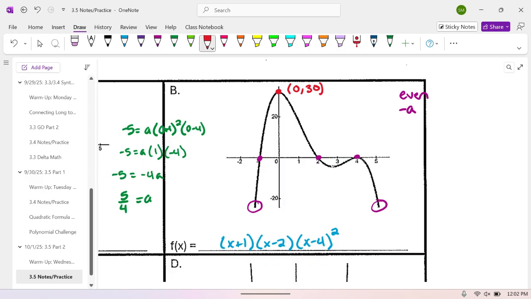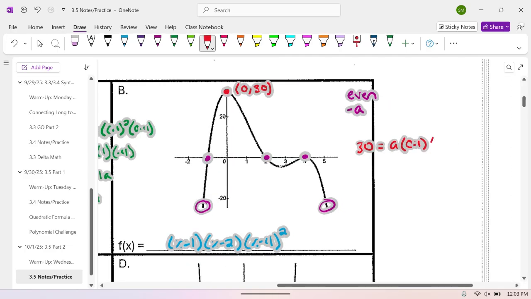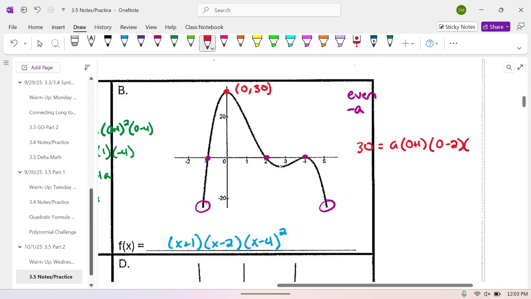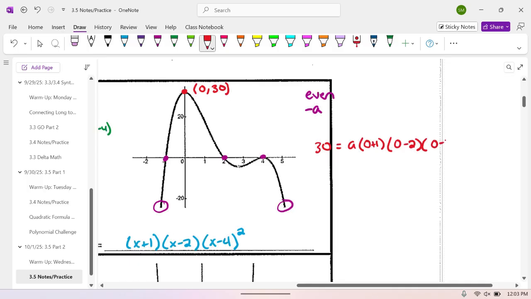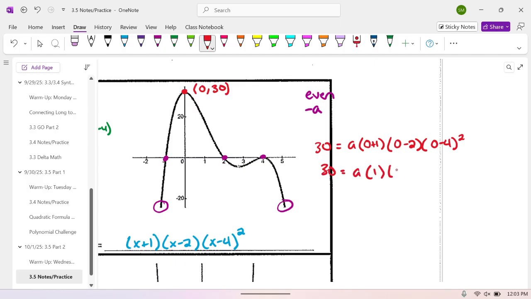All right. So if I set this up, I have 30 is equal to a times (0 plus 1) times (0 minus 2) times (0 minus 4) all squared. So this would be 30 is equal to a times 1 times -2 times, what's 0 minus 4? -4.